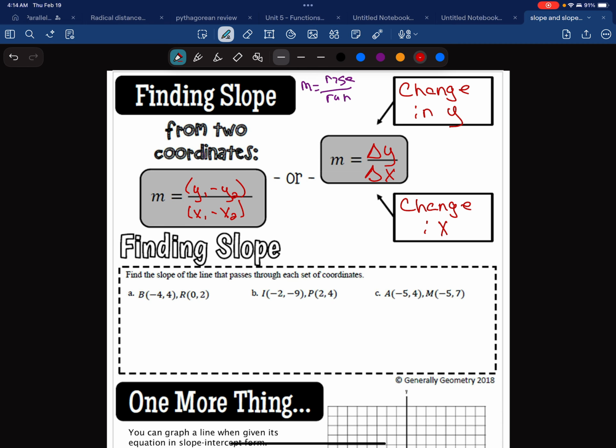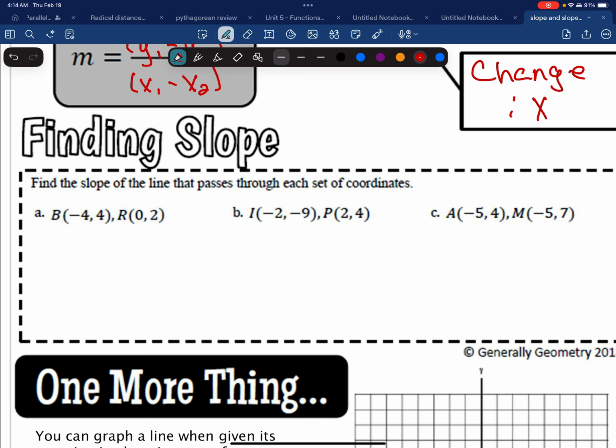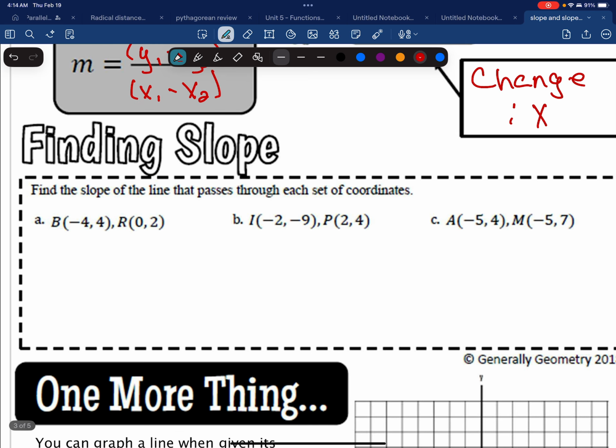Let me do an example over here. I'm going to do BR. I'm going to find the slope. Slope is change in y over change in x. So I'm going to do change in y first.